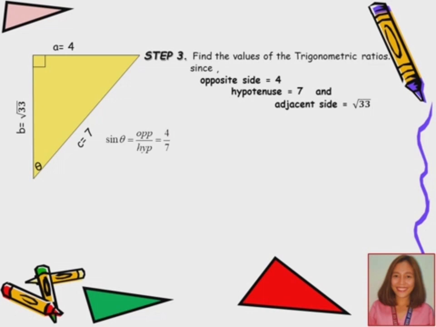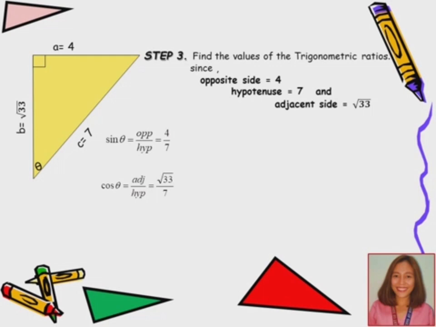Next to sine is cosine. Ano yung cos natin? That is ka. C-A-H. So, that is cos equals adjacent over hypotenuse. So, since our adjacent is square root of 33 and our hypotenuse is 7, so our cosine theta is equal to square root of 33 over 7. Next is our tangent or our tan.